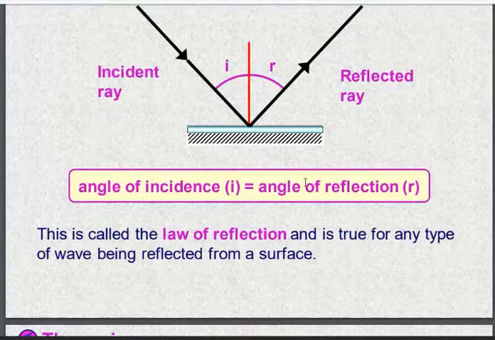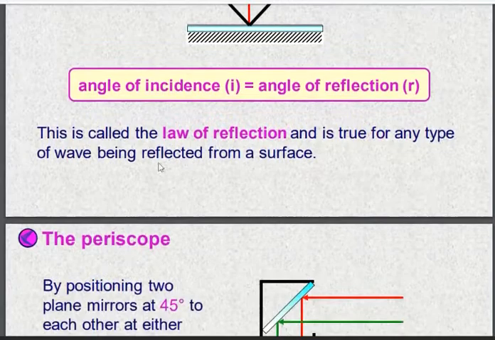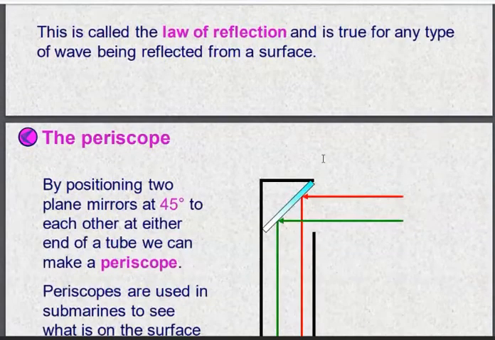The second law says that the angle of incidence is always equal to the angle of reflection, that is, angle I equals angle R. This is the second law of reflection. This is called the law of reflection and is true for any type of wave, whether it is a sound wave or any type of heat wave, being reflected from a surface.